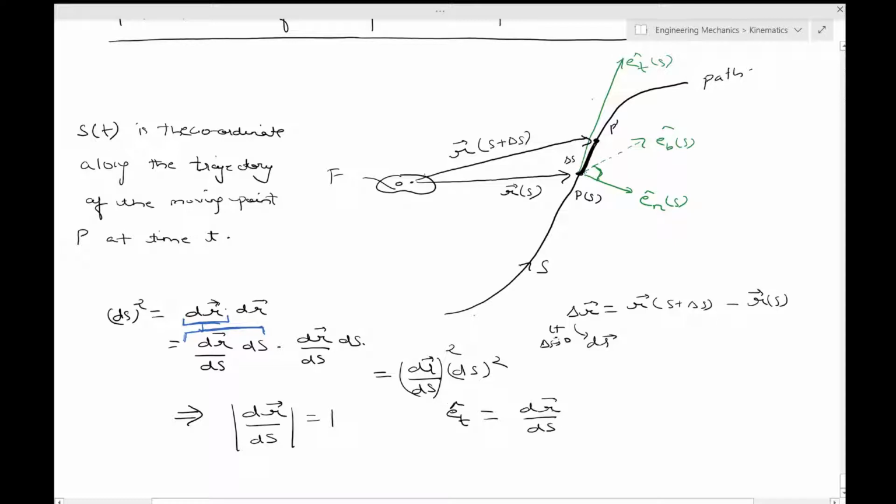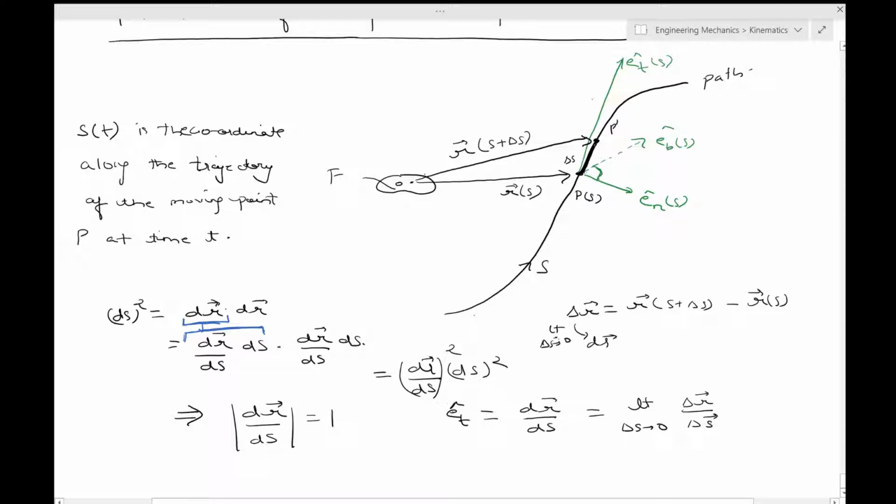This is a small change in r with s, based on this diagram, in the tangential direction, and this can be written as the limit of delta r by delta s as delta s tends to 0.